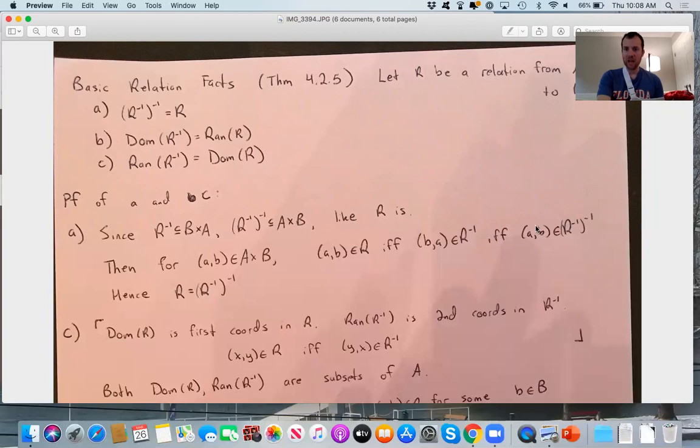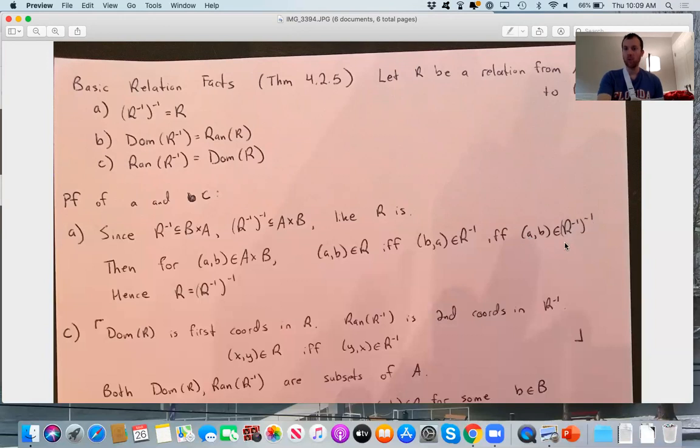So that means that if you wanted to show the other subset containment, that R inverse inverse is a subset of R, then how that proof would go would be you have an ordered pair in R inverse inverse. If you're going from an inverse of something to the original something, you flip the ordered pairs.